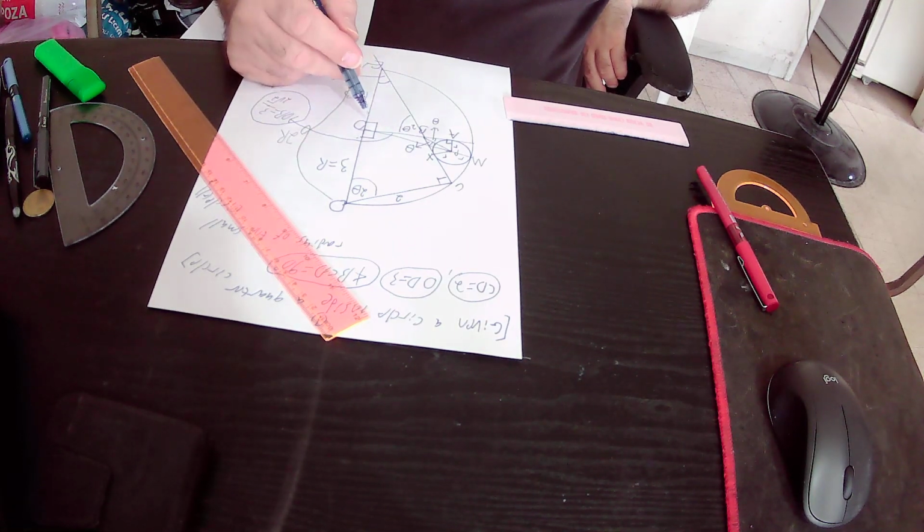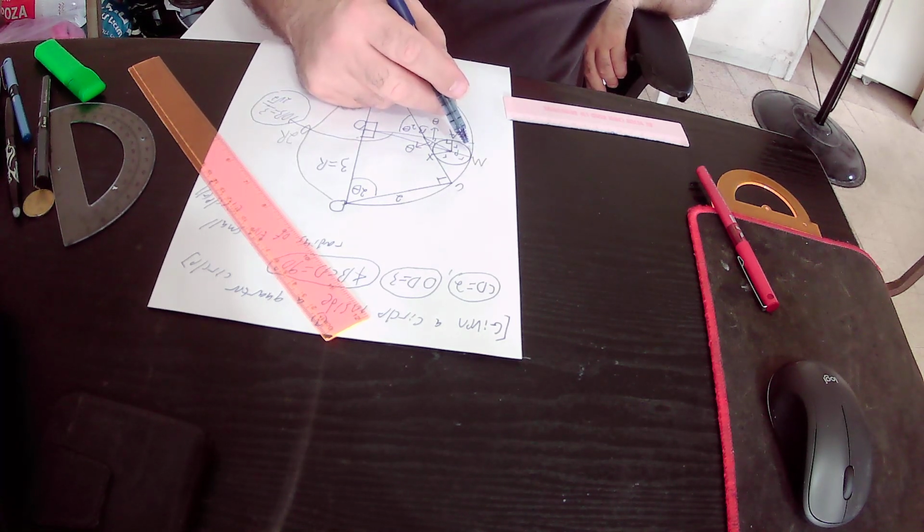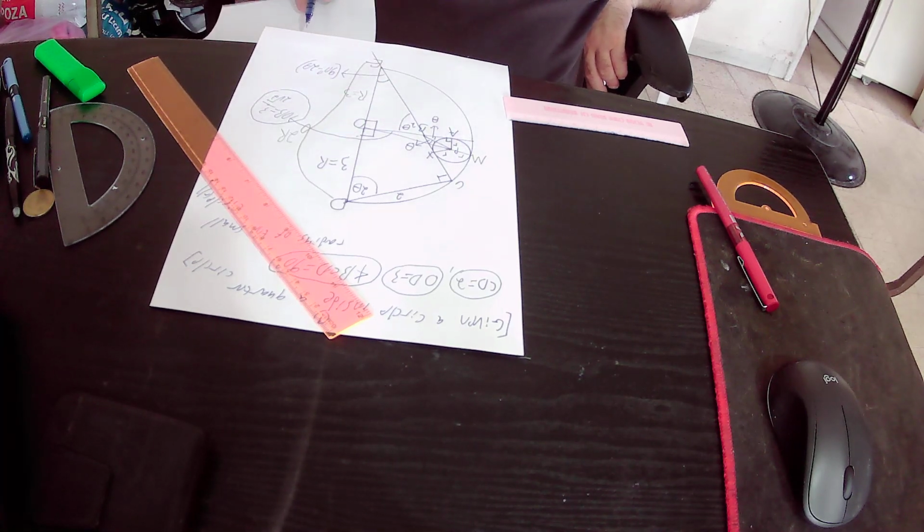It starts from the center of the semicircle, that is to say from point O, and ends at point M, a point on the semicircle itself. Therefore, MO is the radius of the semicircle.